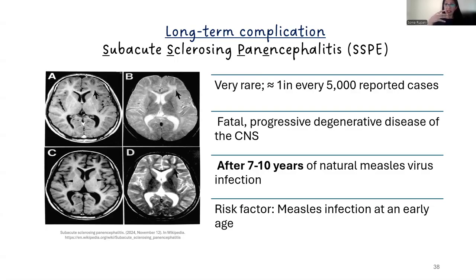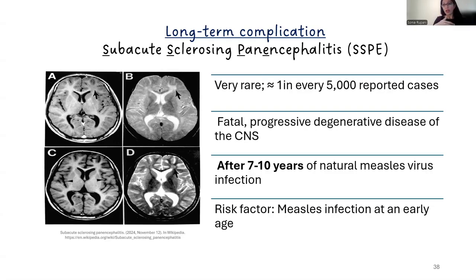The disease is divided into 4 stages. In the first stage, patients may have just behavioral changes and personality changes, and that can last for months to years. Stage 2 is where they start having myoclonus, very severe, irregular, sporadic jerking of different body parts. In stage 3, the myoclonus will disappear, and they have weakness in their muscles, hypotonia.